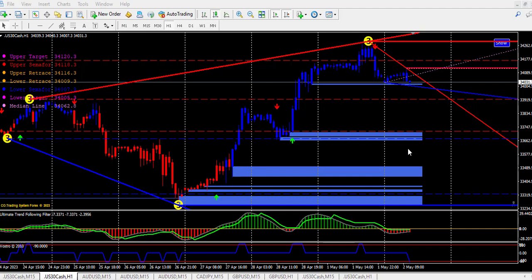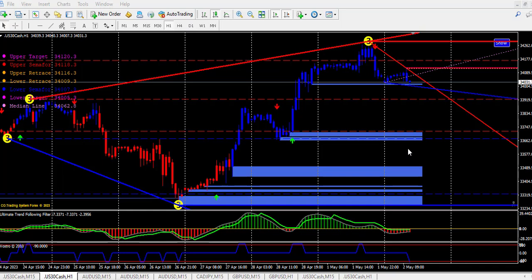Now let me show you how to use this particular combination of forex indicators that have been combined together for the MetaTrader 4 platform. You can use this particular strategy on any indices you want, like US 30, US Tech, US Cash, US 100, and the rest.